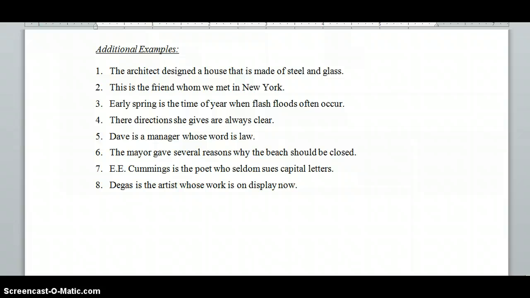To continue practicing with some of the examples: the architect designed a house that is made of steel and glass. Designed, action verb. Who or what designed? The architect designed what? House. Is made, here's another action verb.